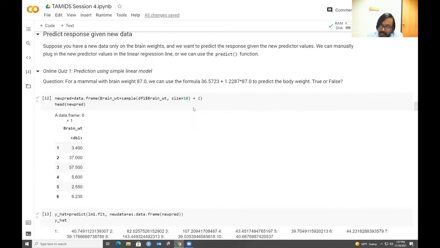So even though we can manually use the regression line formula to predict the response, a far better way is to use a predict function. Suppose you have a new data frame with brain weight information on it.